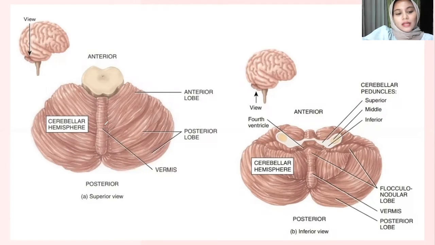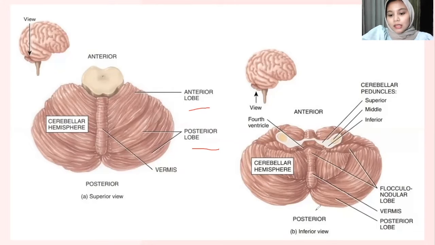The shape looks like a worm, and the wings are called cerebellar hemispheres. Each hemisphere consists of lobes separated by deep and distinct fissures. It is the anterior lobe and posterior lobe. The anterior lobe and posterior lobe govern subconscious aspects of skeletal muscle movement.